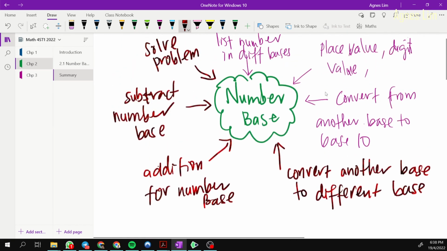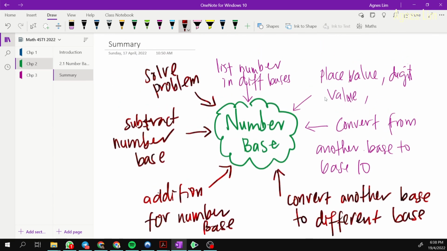Just remember, when you convert from another base to base 10, this one will be multiply. Convert from base 10 to a different base, that one will be divide.